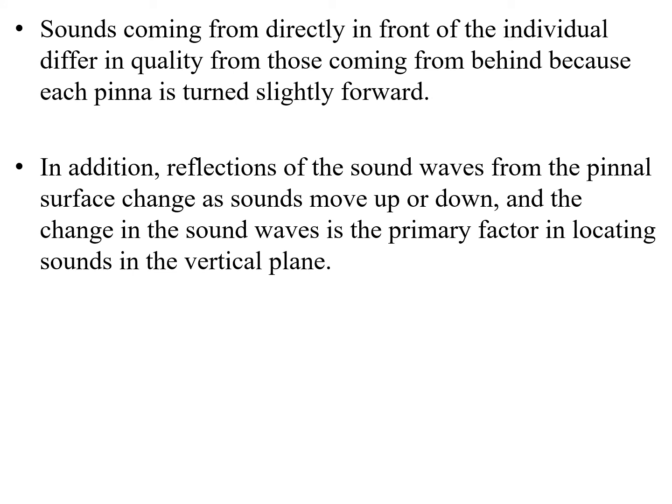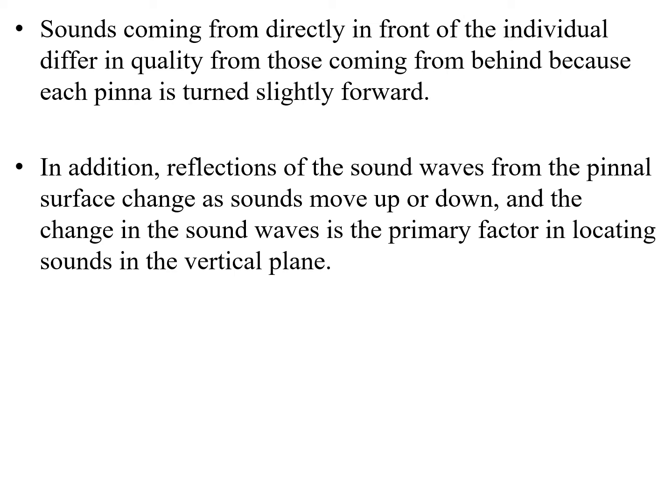Also, if a sound is coming from above or from below, how do we determine that? It is determined by the reflections of the sound from the pinnal surface. As the sound moves up and down, the reflections of the sound waves and the change in the sound waves due to the pinnal reflection is the primary factor in locating the sounds in the vertical plane.